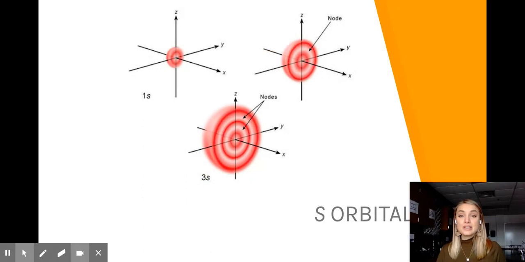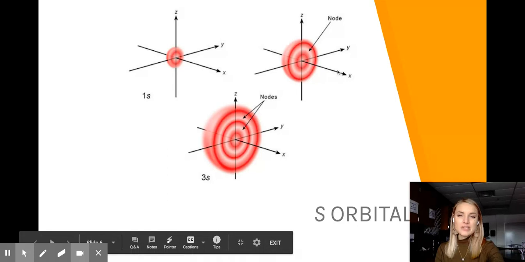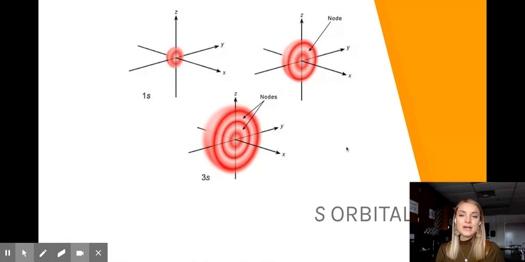The s orbital is always spherical. We can have s orbitals at all the energy levels. In this depiction, you'll notice that the second energy level and the third energy level have something called a node, or 2 nodes in them. The node is just an area within the orbital where the electron will never be found. Again, if you want to see a different depiction of it, check out your textbooks for the graphical display.